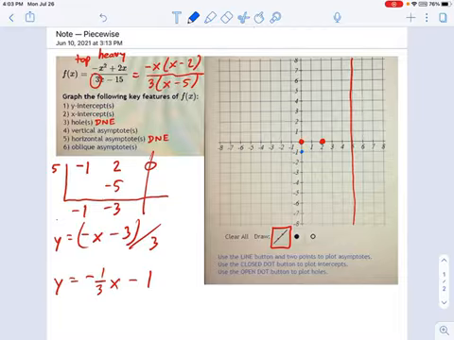And the other way I'm going to do this is think about what a negative 1/3 slope is. Well, that's something that goes down 1 and over 3. So down 1 and over 3 gets me to this point, and that'll be my second spot. So that's how you would mentally think about this. And then you connect those two dots using the little line thingy on the graph, and there's your other asymptote. Okay, so this one's done.